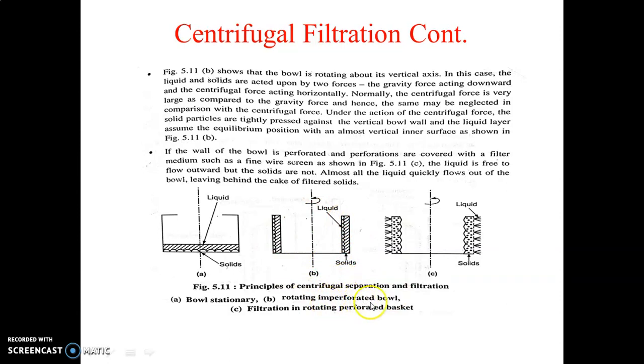This bowl is imperforated. Imperforated means that if we do not have holes or openings in the basket, then we obtain this condition. So this is figure B. In case of figure C, the bowl is perforated. That means the holes are open, and these perforations are covered with the filter medium.